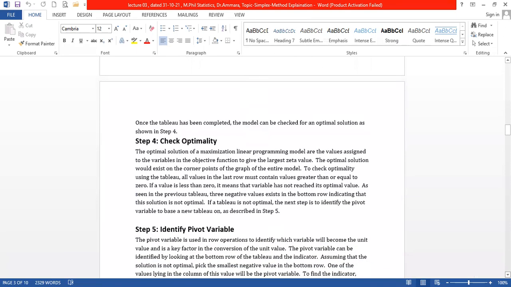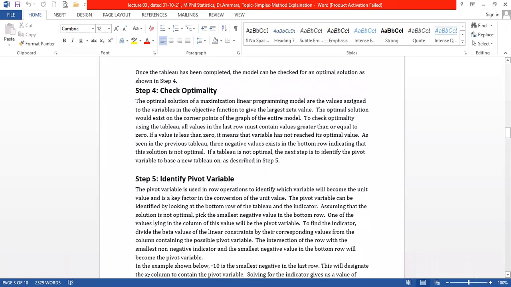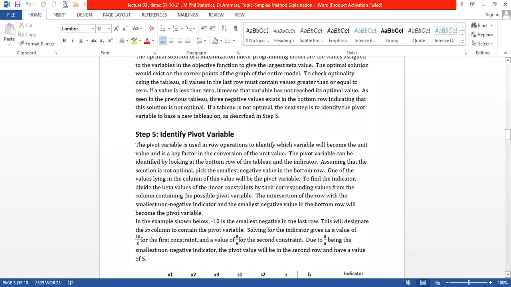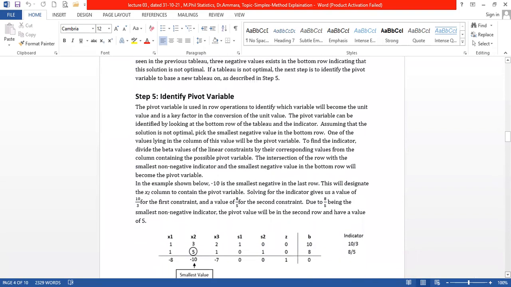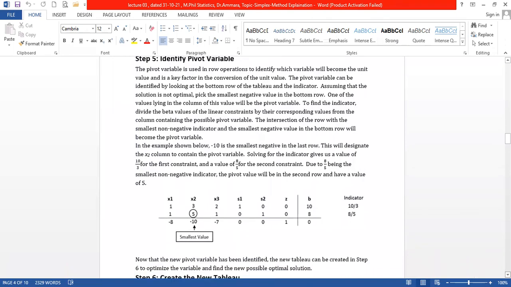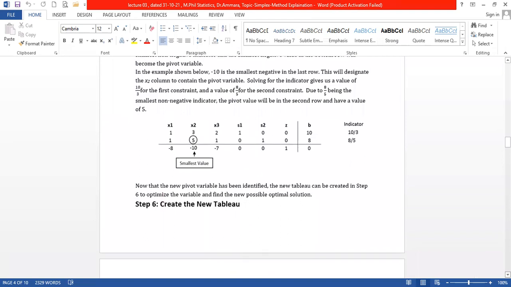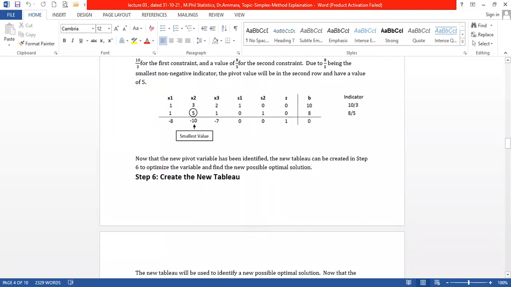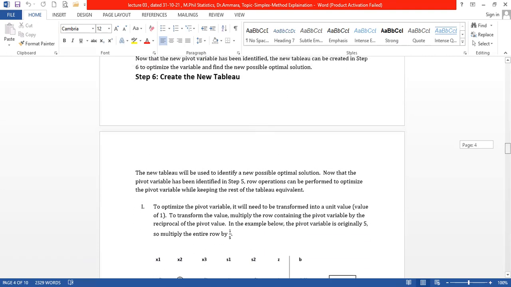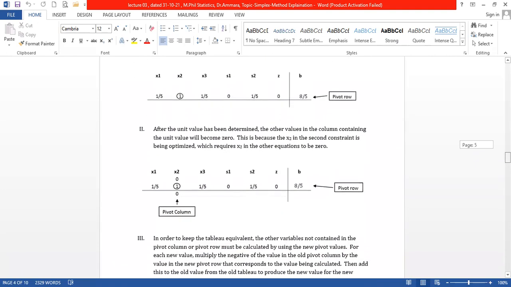Then we check the optimality and identify the pivotal variable, and then we find the test iteration, then the first iteration, and so on. With the help of the iterations, we try to get our optimal solution.